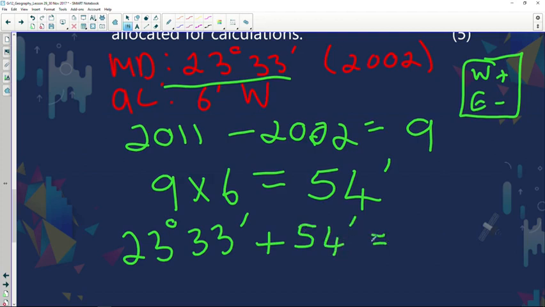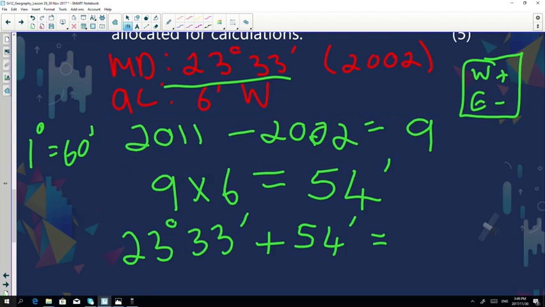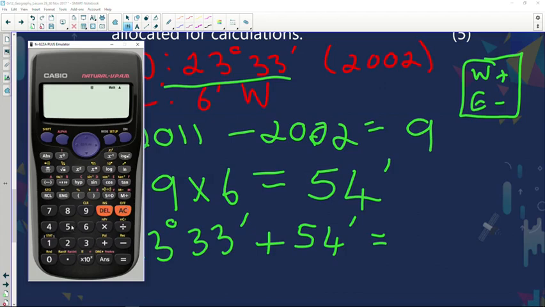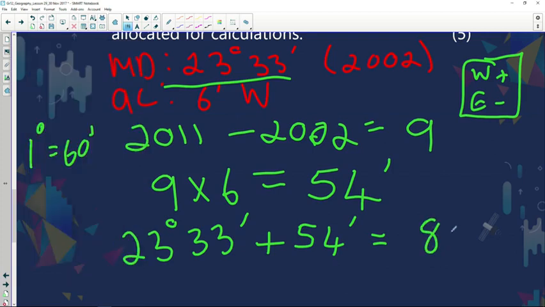Now remember, 1 degree equals 60 minutes. So let's quickly add just the minutes. 54 minutes plus 33 minutes equals 87 minutes. Now 87 minutes equals 1 degree and what's left? 60, 70, 80, 27 minutes.